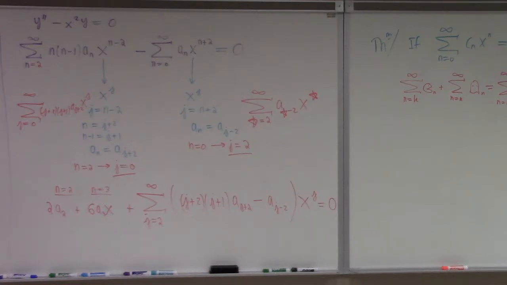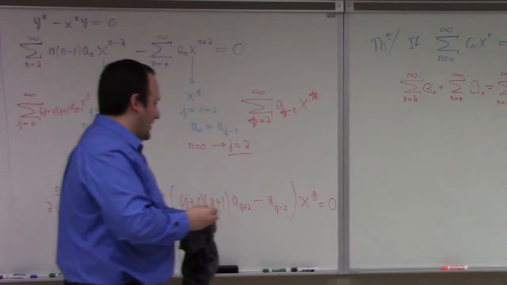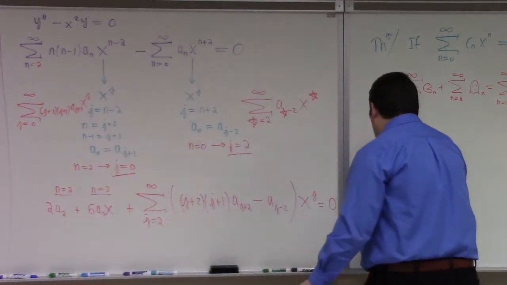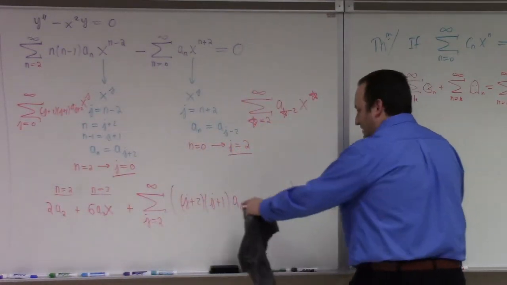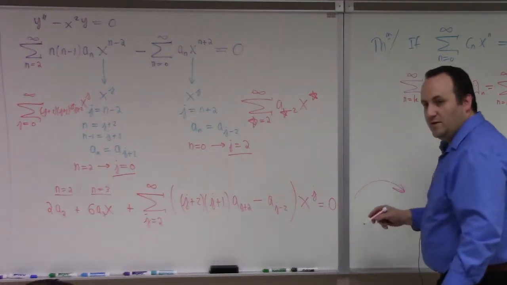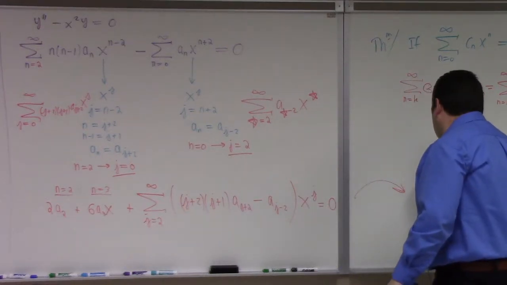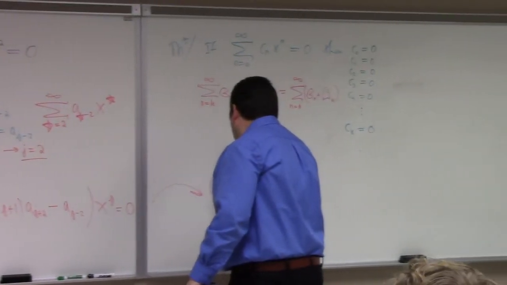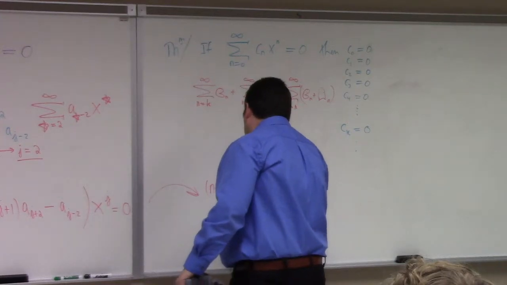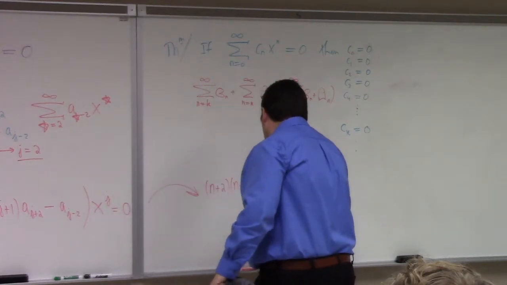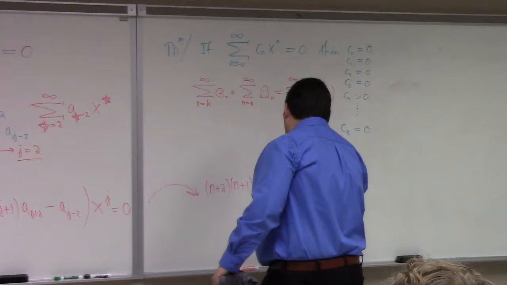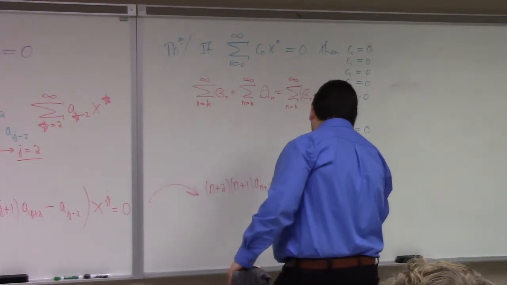Now once I'm done with that, if I don't like the way my j looks on a particular day, I'll convert it back. I mean, this directly says that this in terms of j is 0, but let's use n because my n's are neater: n plus 2 times n plus 1 times a sub n plus 2 minus a sub n minus 2 is equal to 0.